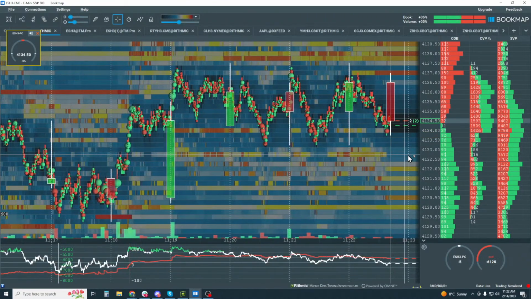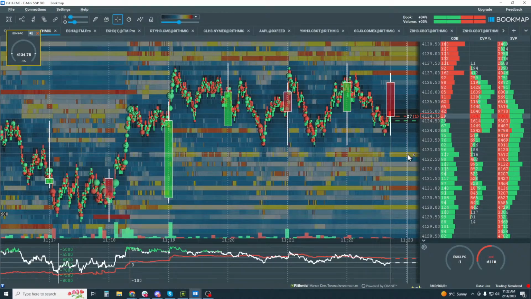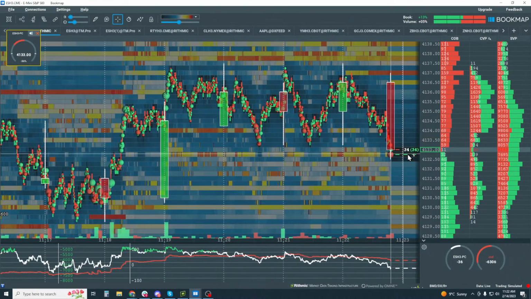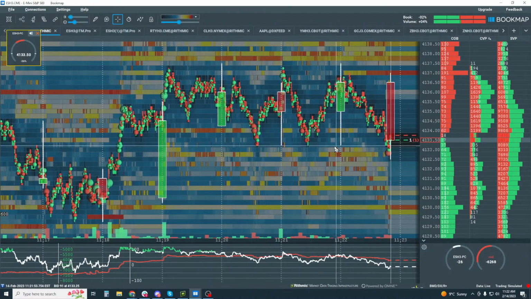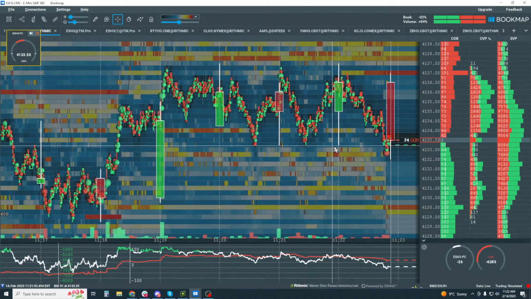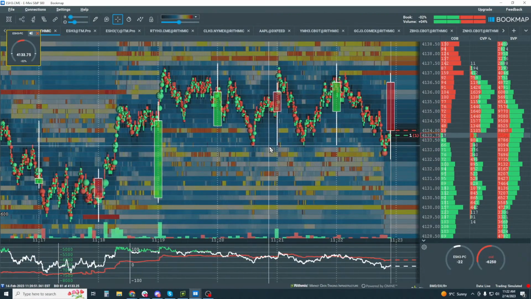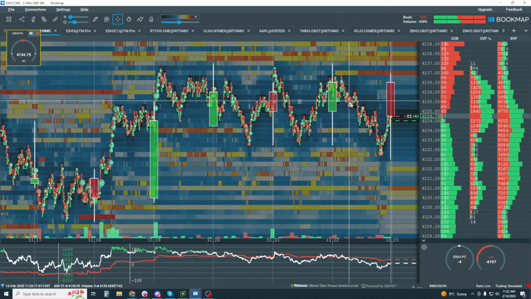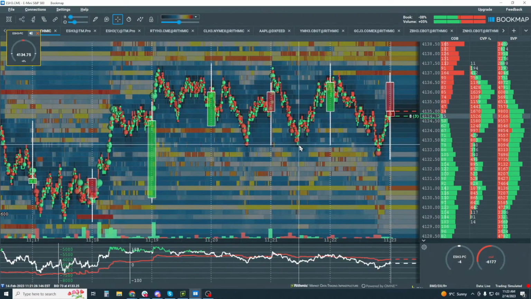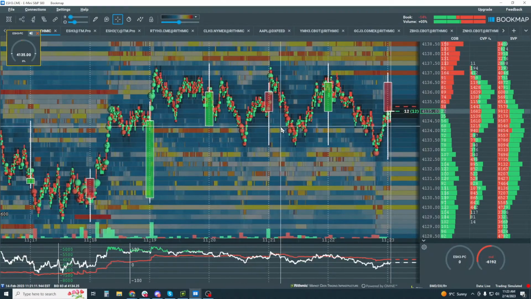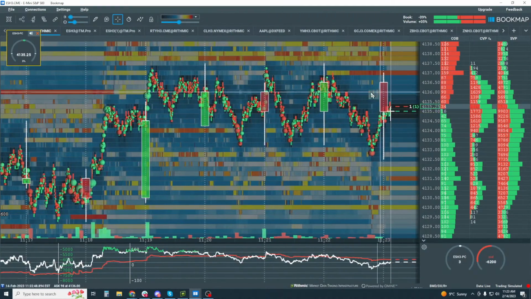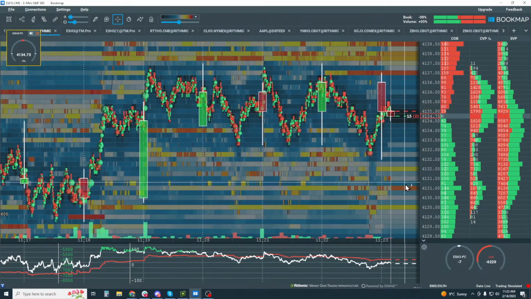Let's see. Now take some profit. Why? This is a range. This is the bottom of the range. You just traded it from up in here on down to here. It's a range bound trade in your candlesticks. Get out or take some profit. Stop at break even. Get stopped out at break even. You gave it a shot to run.